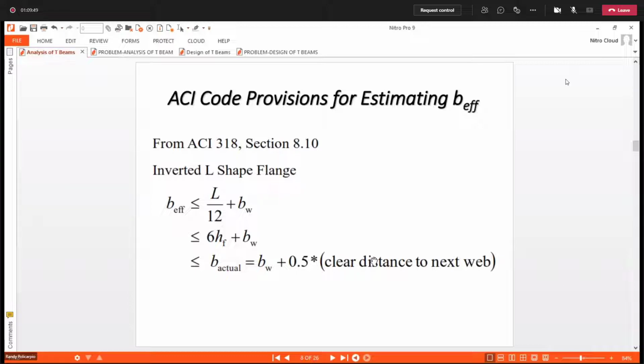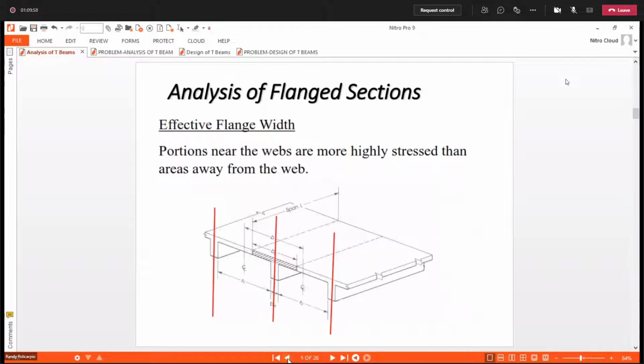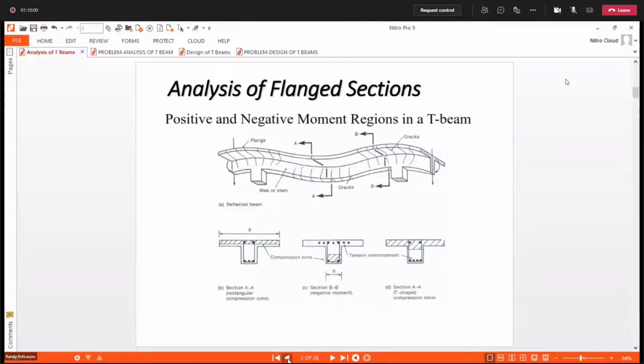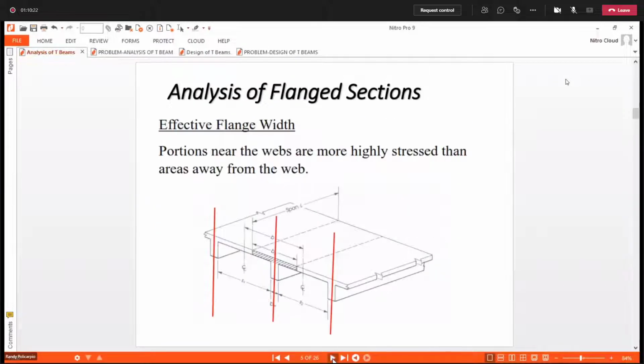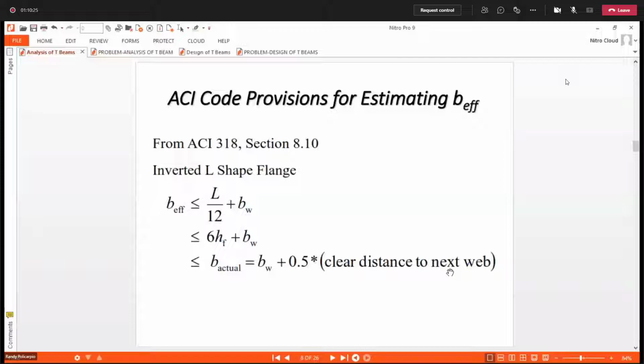So yung S, kung titignan natin dito sa drawing, balik tayo dito, kung ano yung length mo dito, yung 1/2 dito, kaya 0.5 kanya, that is 1/2 of the clear span here, tapos plus BW. So that will be the criteria. Yun yung ibig sabihin nito, clear distance to the next web. Okay? So that is about the B actual.